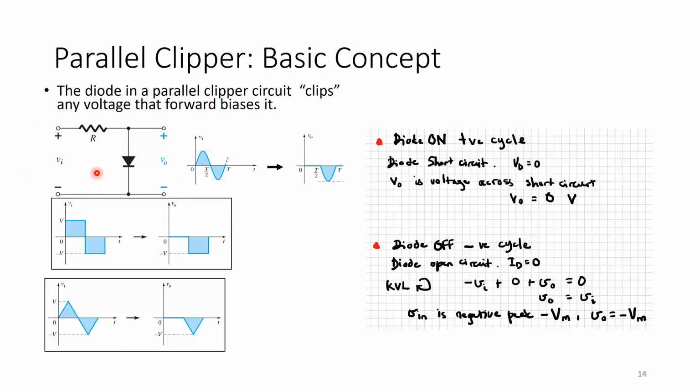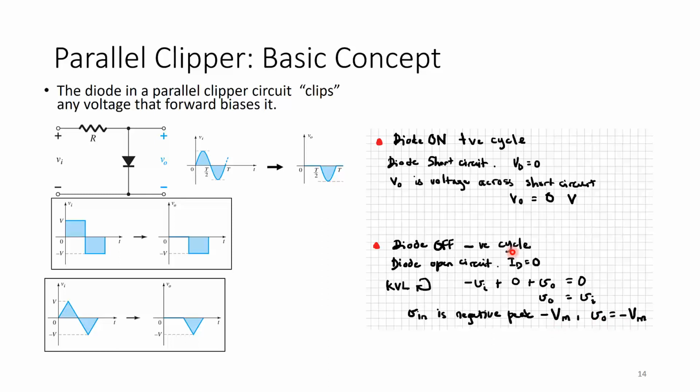So if I do a KVL around this loop, I'm going to get negative V in plus 0, because ID is equal to 0, so Ohm's law across this resistance is going to be 0 volts, plus V out is equal to 0, so V out is equal to V in. When V in is at the negative peak, negative Vm, V out is also going to be equal to negative Vm.